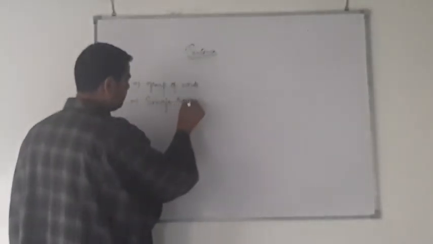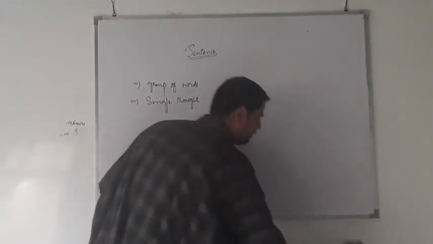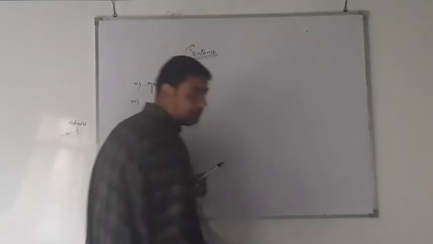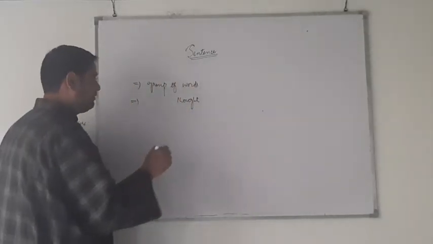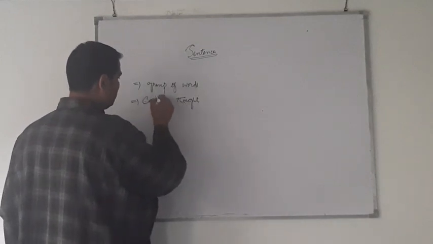But what is a sentence? A sentence is that group of words which gives complete meaning, which is complete in all aspects, which expresses a single thought. Or we cannot write single thought, because we have complex and compound sentences as well in our syllabus, which expresses complete thought.